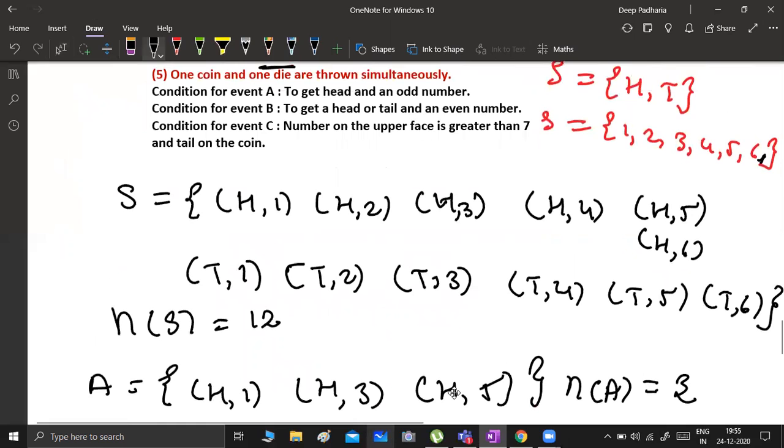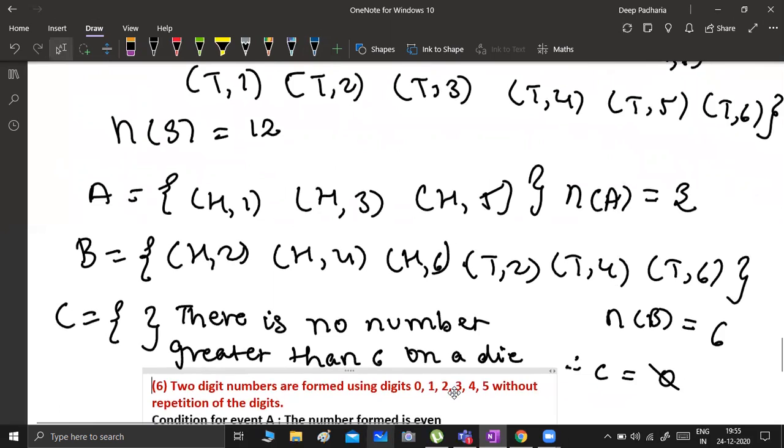C here is impossible event. समझा application में किधर आता है types of event? Any doubts? So these were the sums.